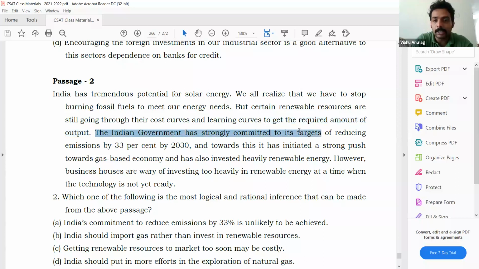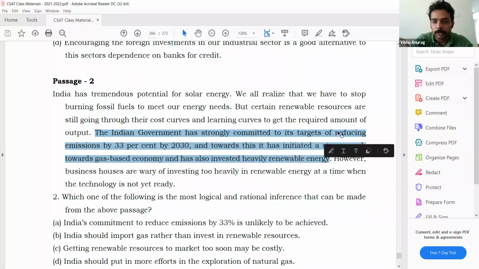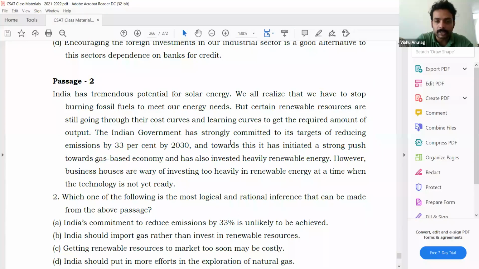The Indian government has strongly committed to its targets of reducing emissions by 33% by 2030. And towards this, it has initiated a strong push towards a gas-based economy and has also invested heavily in renewable energy. These are two things it's doing to achieve this emission target by 2030: one is focus on gas-based economy and two is invest in renewable energy.